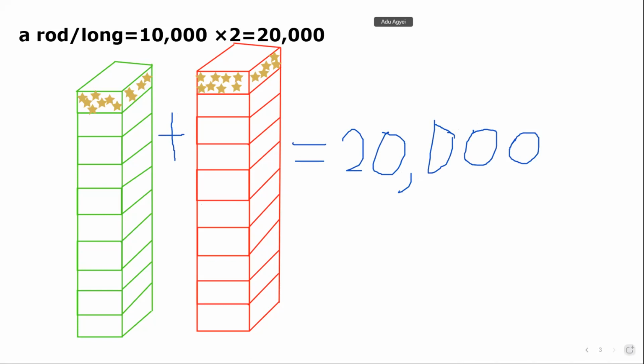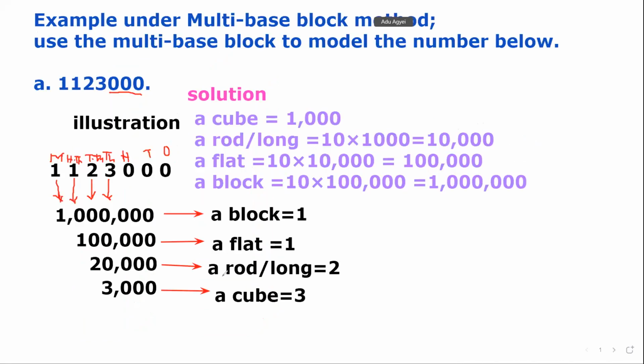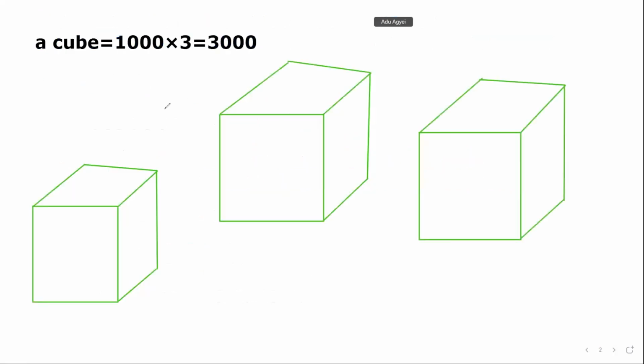Now let's draw our flats. The next one here is our flats. Okay, from the rod, and the flat is 10 of what? Rod or long. Yeah, this one plus this, and this one also plus this. Yeah, identify one key.